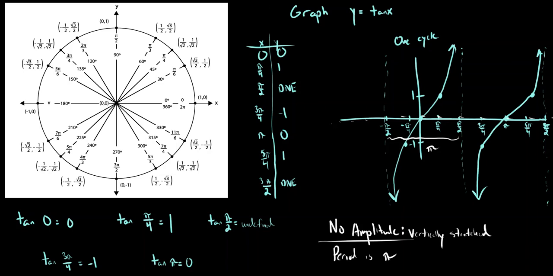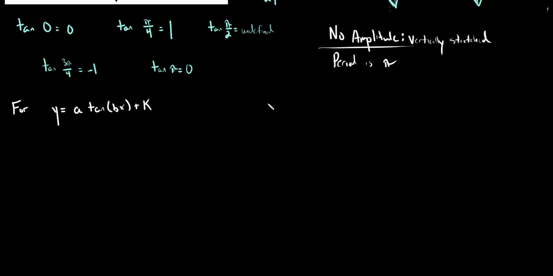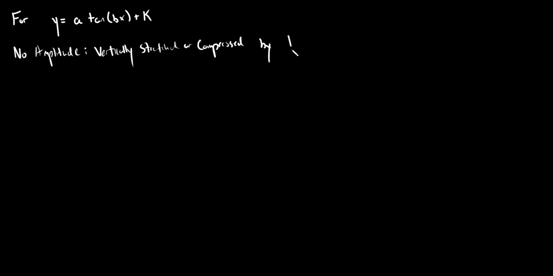Okay, so let's go ahead and take a look at how we can determine what all these values for a tangent graph are going to be. So when we have a tangent function, just like we did in the previous videos, I have some constants here, a, b, and k. Now remember, there is no amplitude. A is not the amplitude because there is no amplitude. Instead, it is just vertically stretched or compressed by the absolute value of A. Okay, so it's not amplitude anymore.